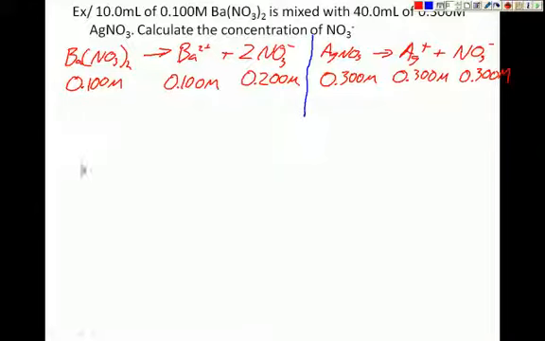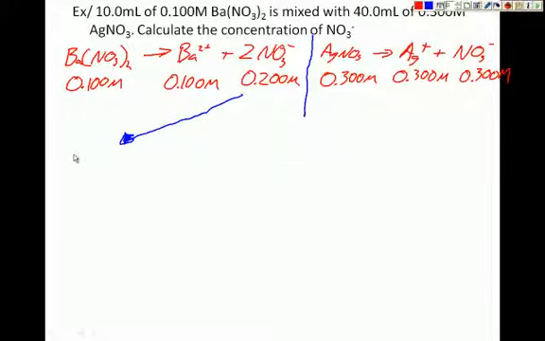Okay, and what we can do now is, since we want to know these nitrate concentrations, we're going to do a dilution calculation on this one, and then add it up. So if we take this one right up here, I'm just going to draw a little arrow.